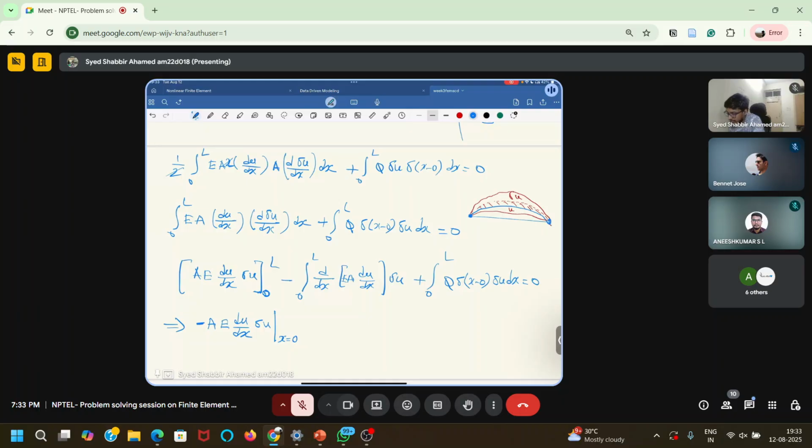I'll write A into du/dx, just expanding.